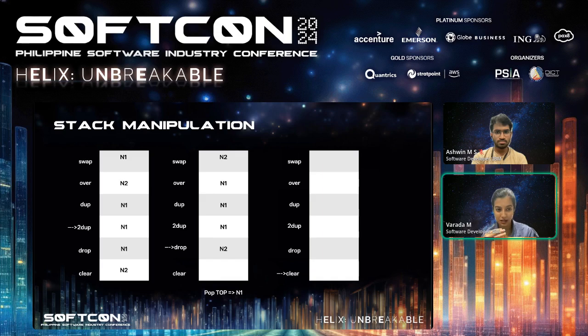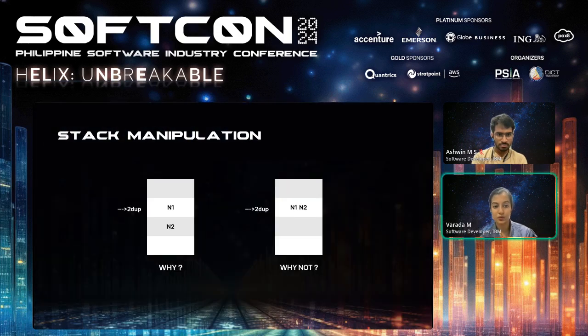As you may have noticed, there were two different kinds of dup operation. One is dup and one is two dup. On the dup operation, we duplicate the first element. On the two dup operation, we duplicate the first two elements, right? When duplicating the first two elements, we put those two elements in two stack cells instead of one stack cell. Why are we doing this, and why not put it in the same stack cell?